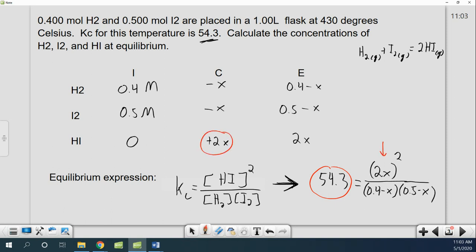I took my two reactants and put them down here. So you can see I can't write the bottom of this fraction as 0.4 minus x squared because it's not the same number. I have to keep them separate, which means the math is going to get a little funky.